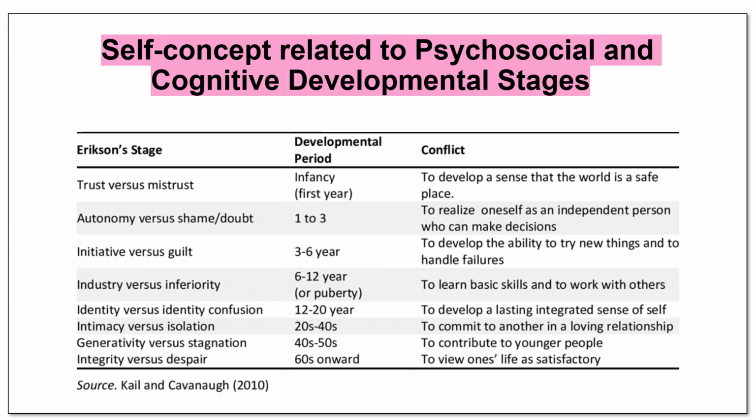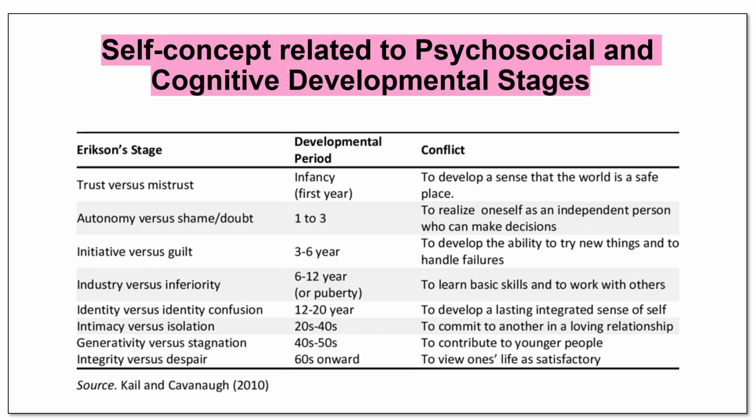The 3 to 6 year old, so that's the preschool years, that stage is called initiative versus guilt. So to develop the ability to try new things and to handle failures, and so on. So these are important stages that you should remember, and you will need to memorize all of these 8 stages.